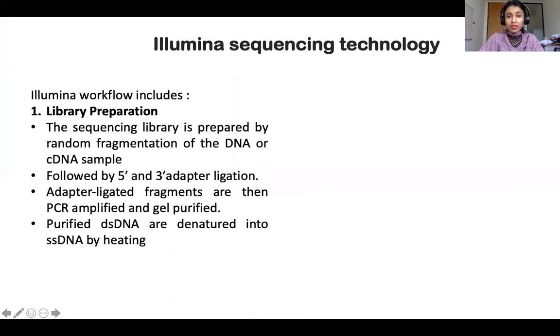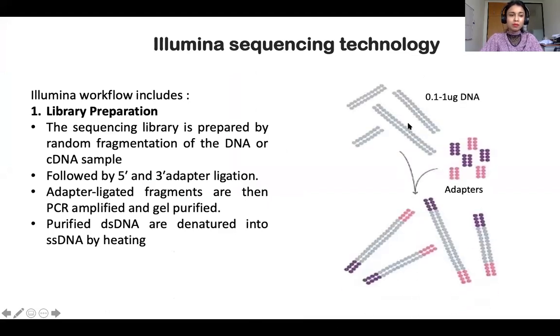Moving on, next is your Illumina sequencing technology. I will go through this a bit more in detail, as this is the most widely used technology right now. So your Illumina workflow, the first step is your library preparation. This is prepared by random fragmentation of your genomic DNA, or if you're working with RNA, you have to first convert it to cDNA and then do a random fragmentation.